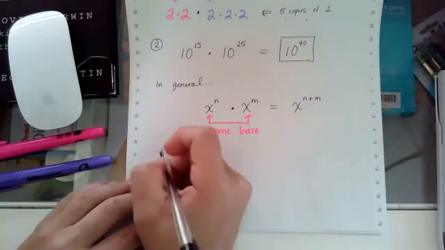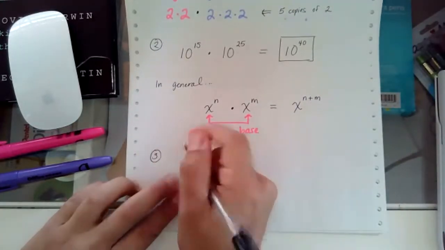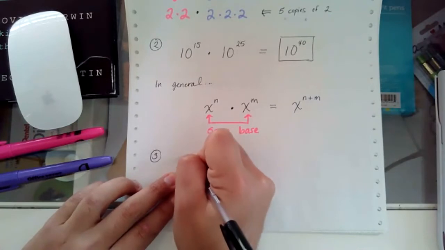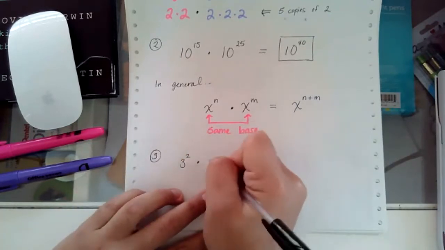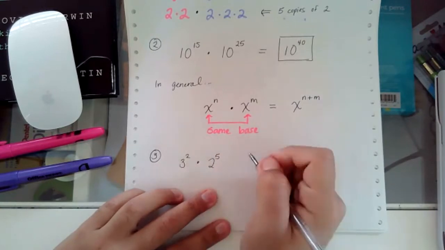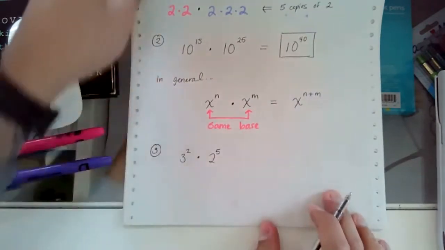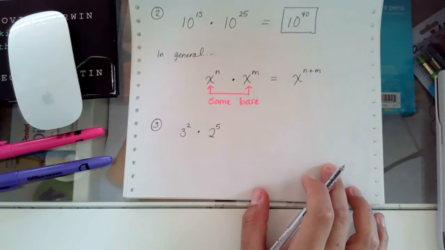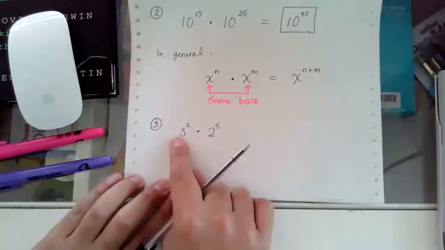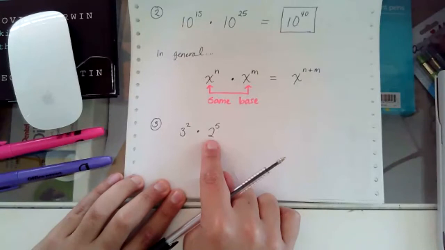Because, for example, can anybody tell me what 3 to the second power times, let's say 2 to the 5th power should be? 3 times 2 times 2 times 2, 5 times.